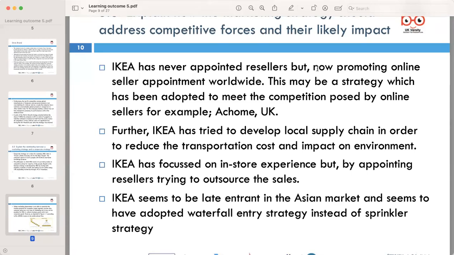IKEA has historically focused on providing an in-store shopping experience. It is now appointing resellers, possibly as a response to outstanding online sales. In entering the Asian market, IKEA appears to have adopted a waterfall entry strategy rather than a sprinkler strategy, suggesting a cautious and phased approach to competition in the region.